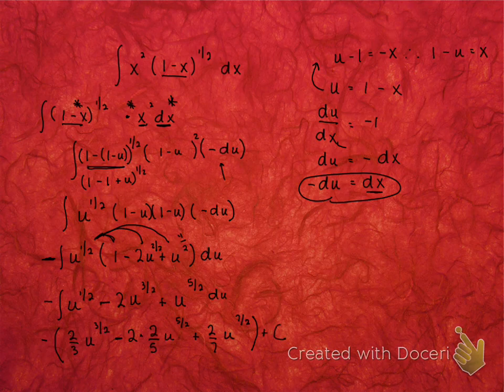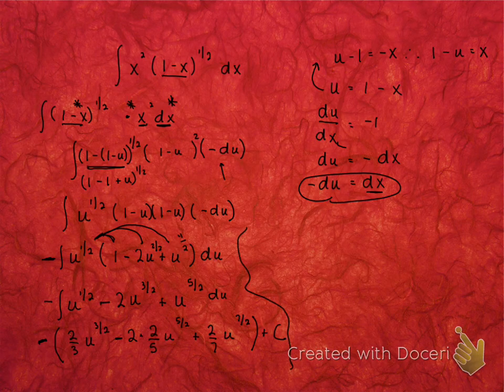Now what we're going to do is distribute the negative out front, do some simplification on the inside of the parentheses, and then substitute what u is equal to back in.